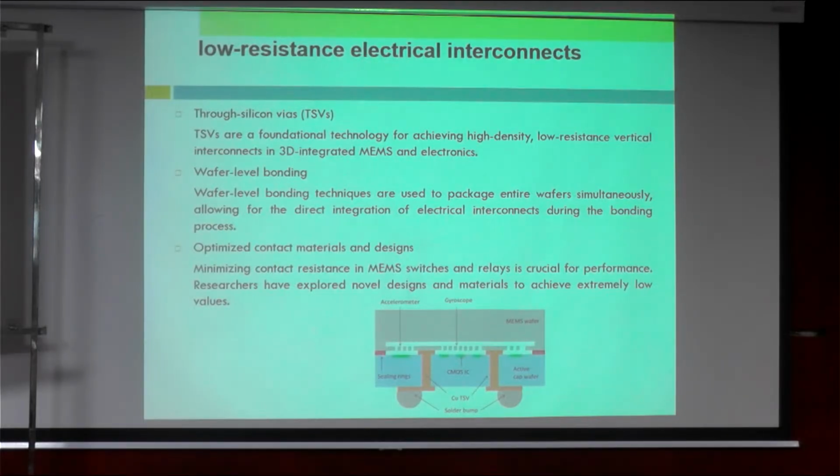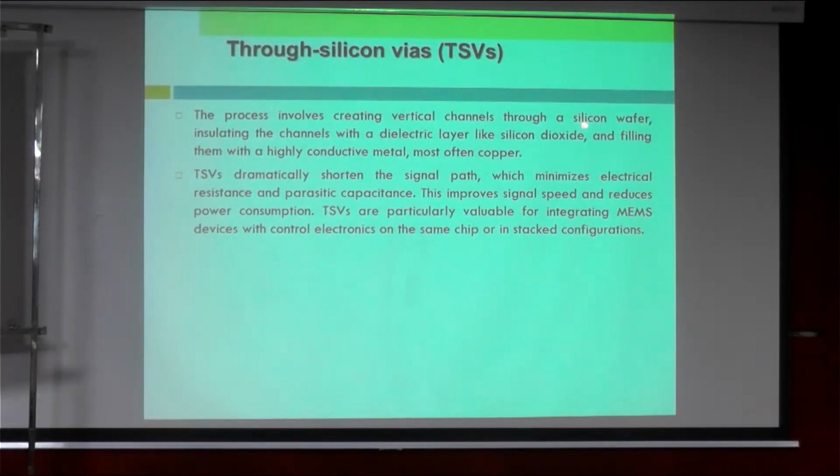So it's a challenging task and also an achievement. The process involves insulating the channels with a dielectric layer like silicon dioxide and filling them with highly conductive metals, most often copper. And through silicon via, TSV, dramatically shortens the signal path.